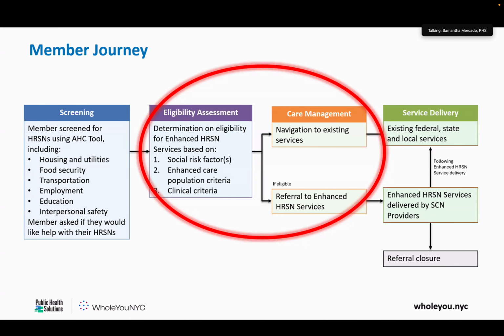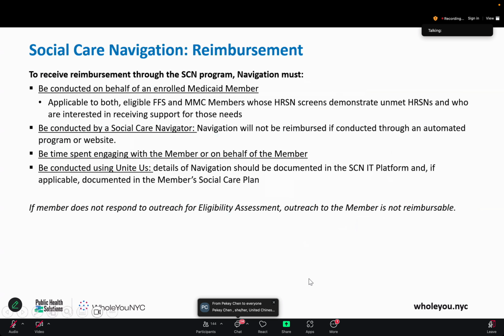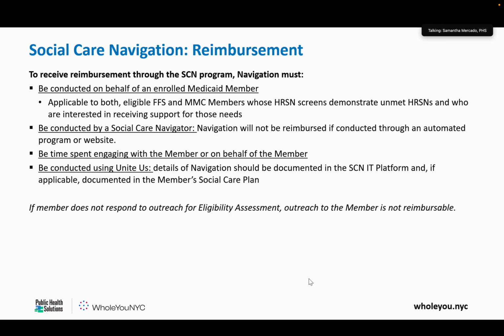Then moving on, we have our eligibility assessment and care management, which both fall under navigation. So in order to receive reimbursement, navigation must be conducted on behalf of an enrolled Medicaid member.